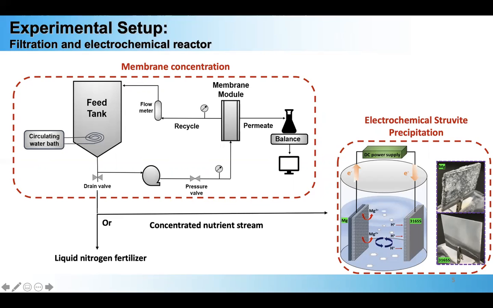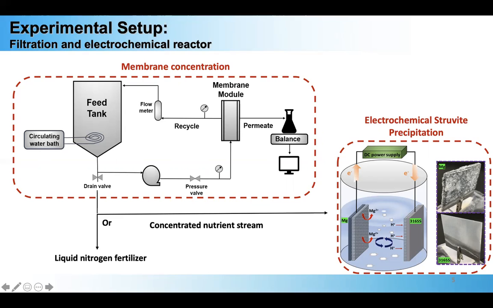Through the membrane module, pressure is applied on the membrane, and a portion of wastewater is pushed through the membrane. This way, nutrients are rejected and stay on the feed side. So we are dewatering the wastewater and continuing to concentrate the nutrients on the feed side.